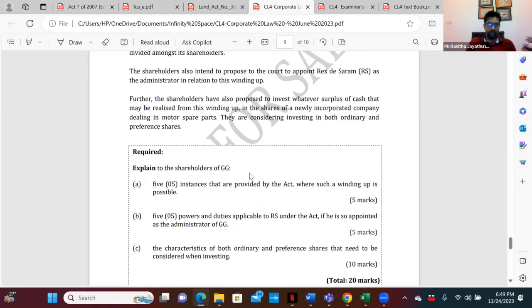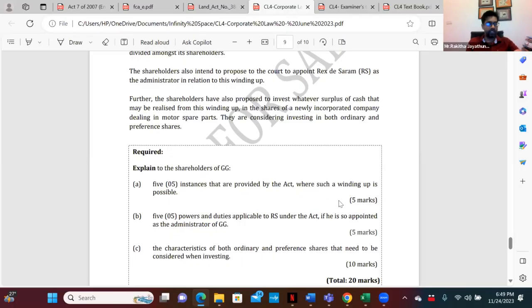I don't know what this GG is, but that's fine. It appears that it is a company. So leave it as it is. So you are to explain to the shareholders of GG 5 instances that are provided by the Act where such a winding up is possible. It says such a winding up. I don't know the type or the mode of winding up they are referring to.